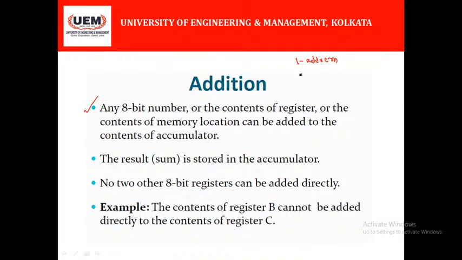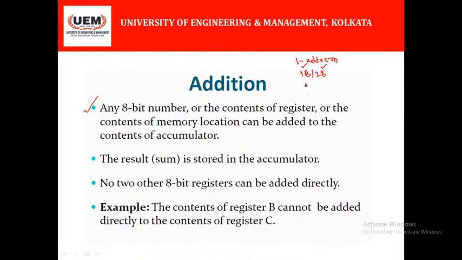All the arithmetic instructions mostly require either 1 byte or 2 bytes. If they are in register addressing mode or memory addressing mode, then they require 1 byte. If they are in immediate addressing mode, they require 2 bytes.